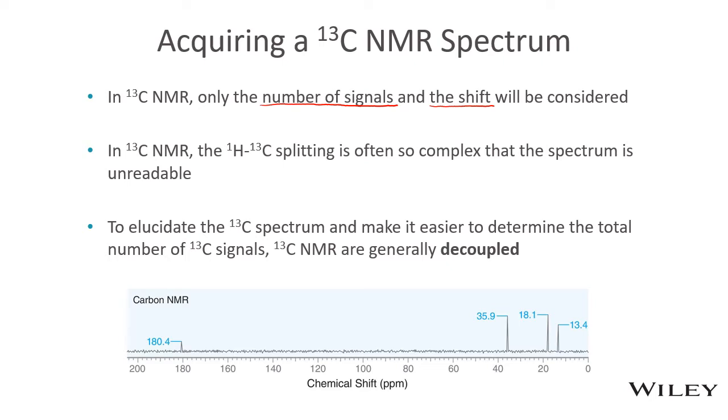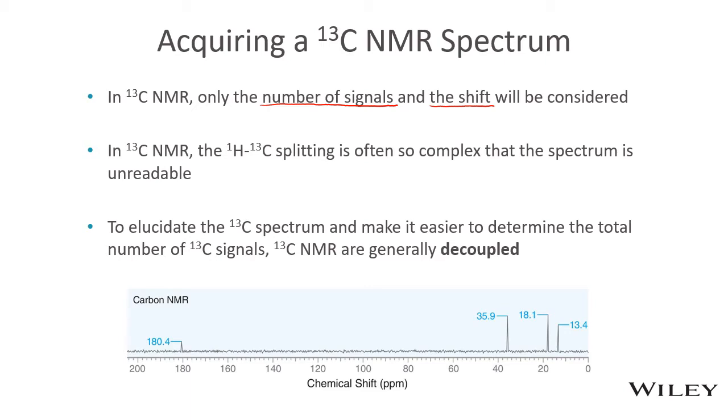Now, the reason that carbon NMR does not participate in multiplicity or splitting is because the hydrogen-carbon splitting is often so complex that the spectrum is unreadable. So to make carbon NMR data actually easier to read, carbon NMRs are often decoupled.